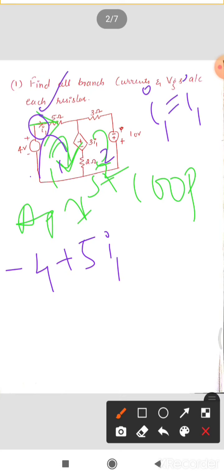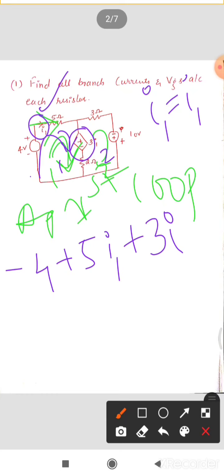Next, even though it is a dependent source, it is a voltage source, so take it as it is. If it was an ordinary voltage source, we would take plus 3 I, so take it in the same way, considering it as a voltage source. So now I am taking 3 I.